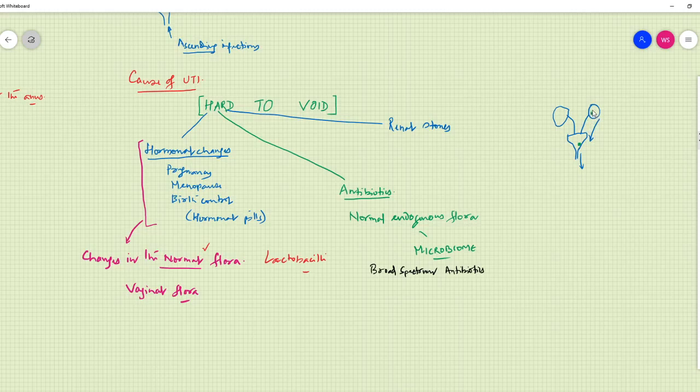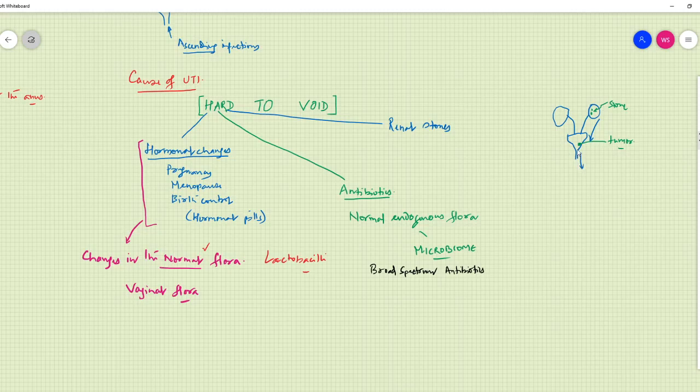The obstruction can be, let's say here, in the kidney there is a stone. In the bladder, suppose there is a tumor. All this can cause an obstruction to the flow of urine. So if there is an obstruction to the flow of urine, what happens?